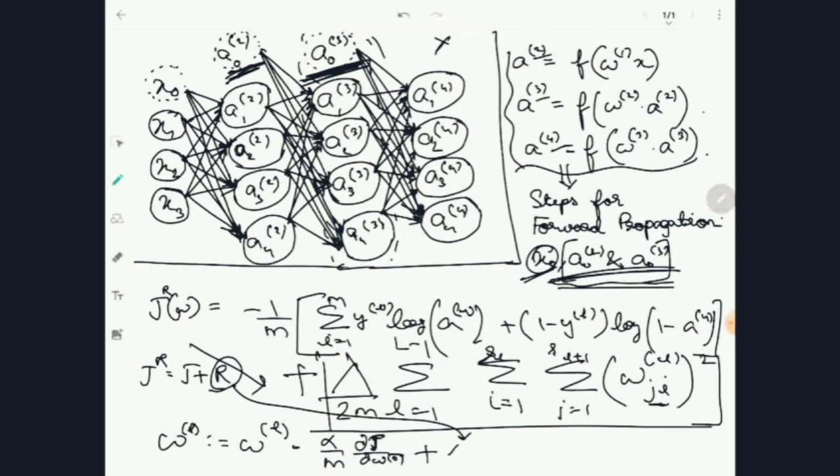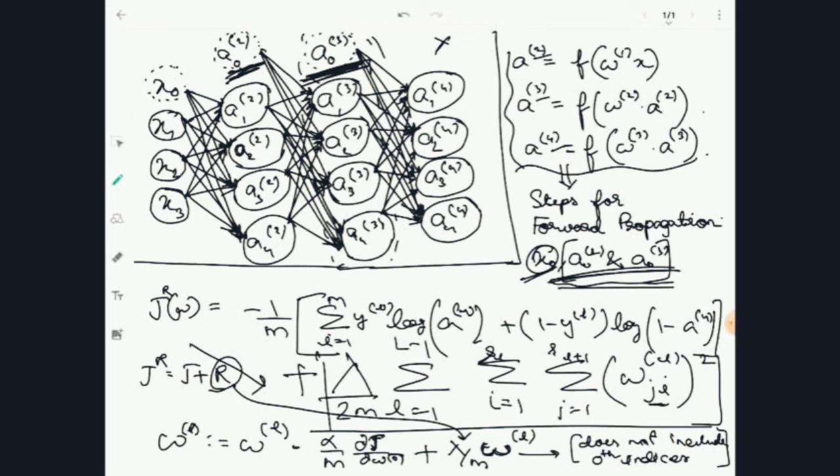This is lambda by m times Wl, and this W does not include the zeroth indices, that is the zeroth row or the zeroth column, because those do not take part in the regularization procedure. Okay, so this is the whole explanation of the backpropagation along with regularization.